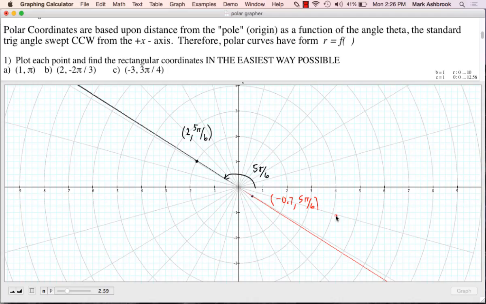So that puts it in the reverse direction from the direction for positive r in 5 pi over 6. Does that make sense? So any point can be described with a positive r. You take your angle to point, and the positive direction from the pole is in the direction of the terminal ray of the angle, and then the negative values of r would be in the opposite direction of the terminal ray.